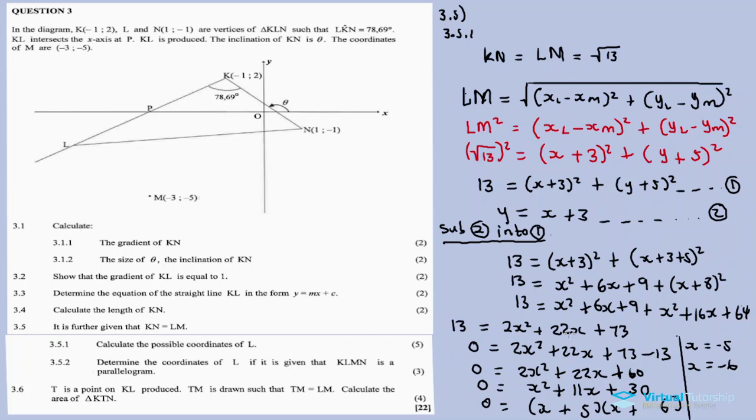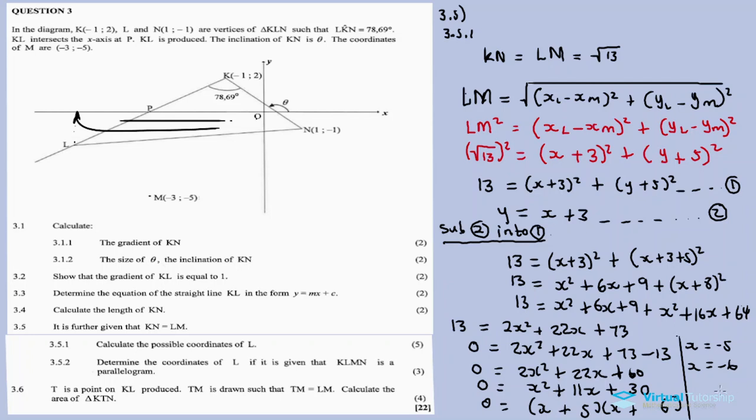So now you substitute x into equation 2, so that I get the y value. But the more likely coordinate, if they had asked that question, look at x equal to 5 somewhere here, x equal to 6 somewhere here.